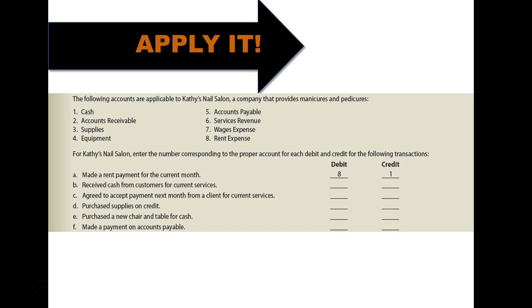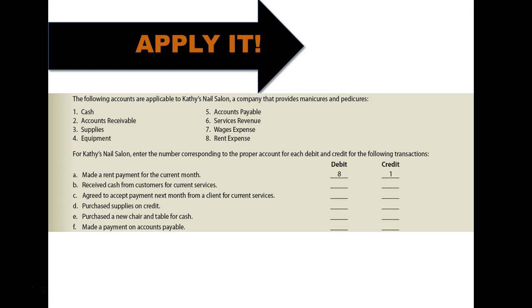Now let's do this. The following accounts are applicable to Kathy's Nail Salon, a company that provides manicures and pedis. We've got these various accounts. For Kathy's Nail Salon, enter the number corresponding to the proper account for each debit and credit for the following transactions.